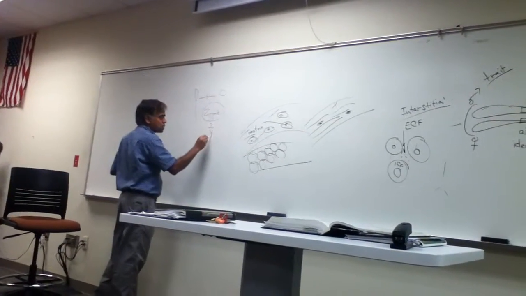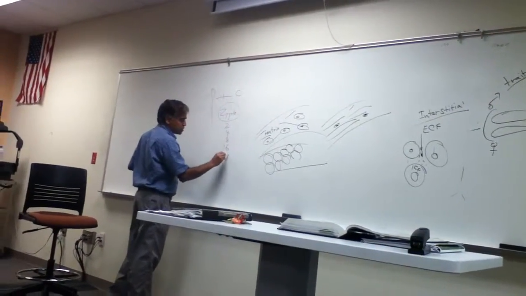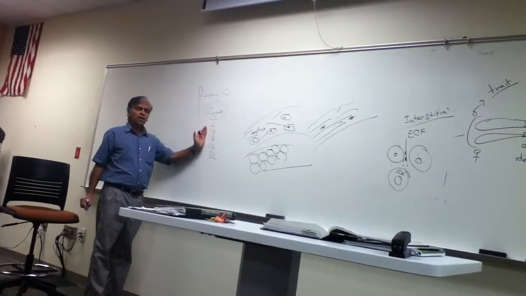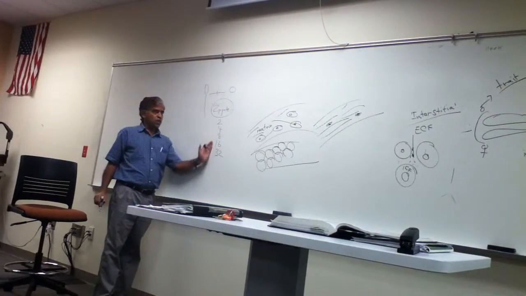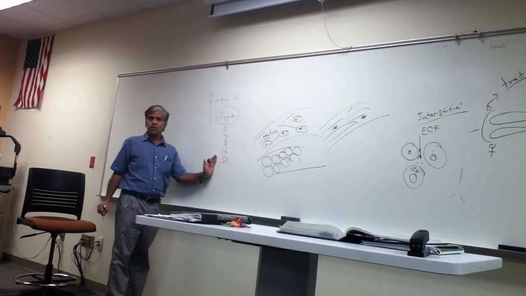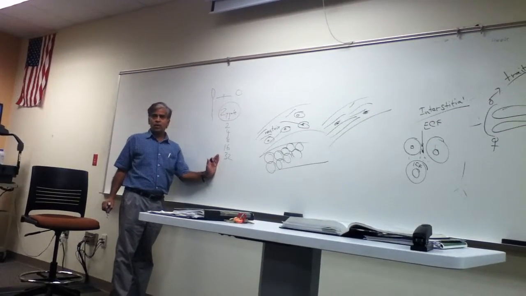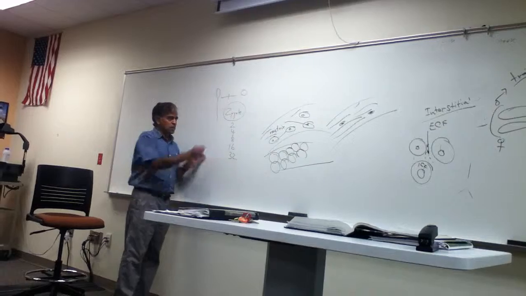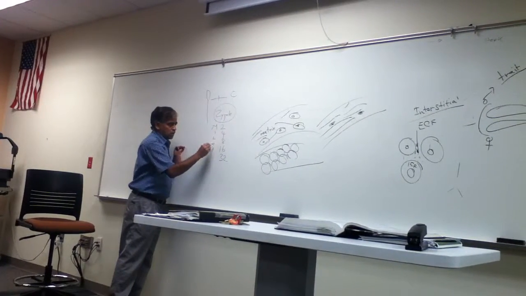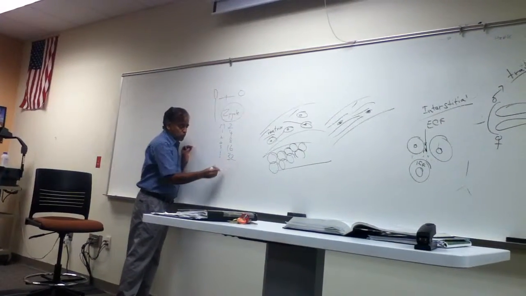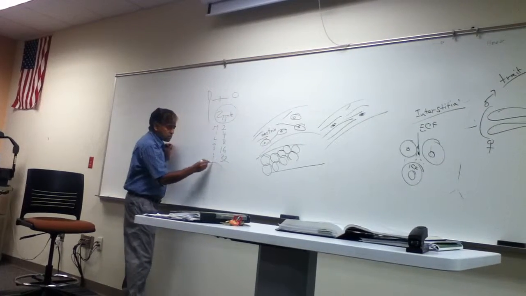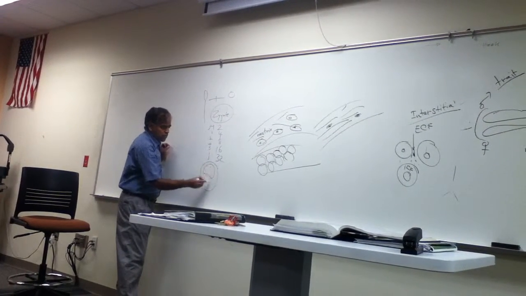It becomes 2 cells, 4, 8, 16, 32 cells. What kind of cell division are we talking about when you go from 2 to 4 to 8 to 16? Mitosis, exactly.